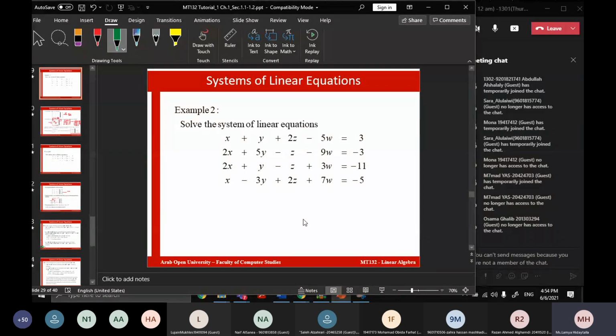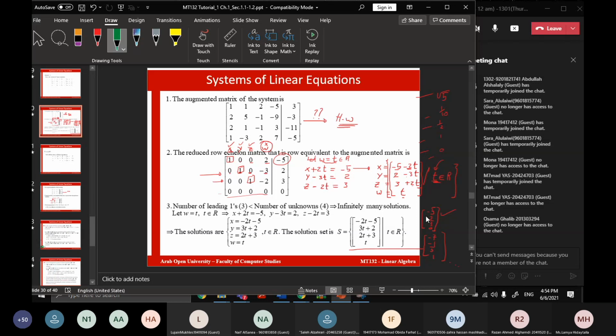That means it's a solution. If you didn't get it, that means this is not a solution. So it should satisfy each one of these equations. Okay, now let's test that. This is a solution and this is another solution.